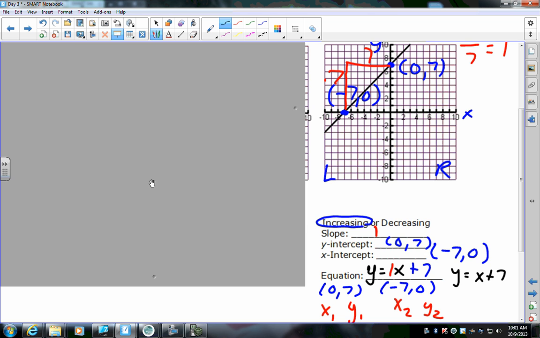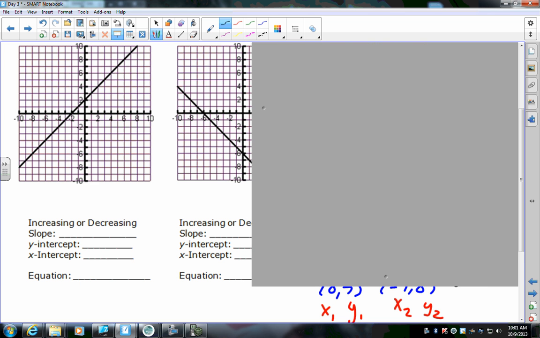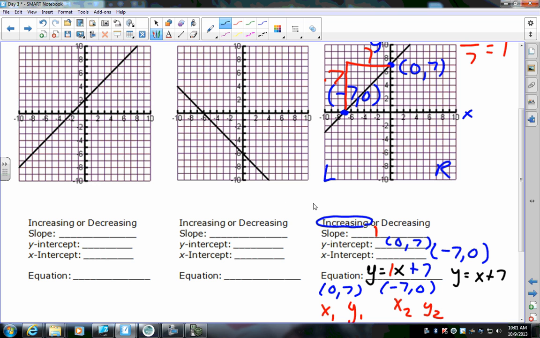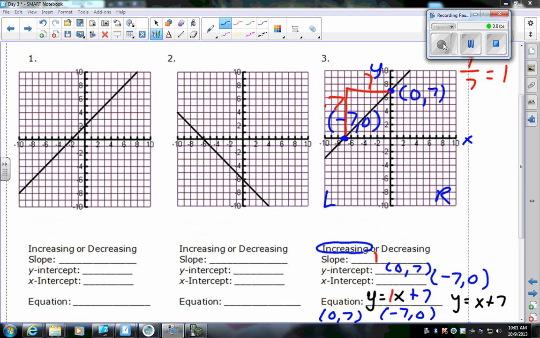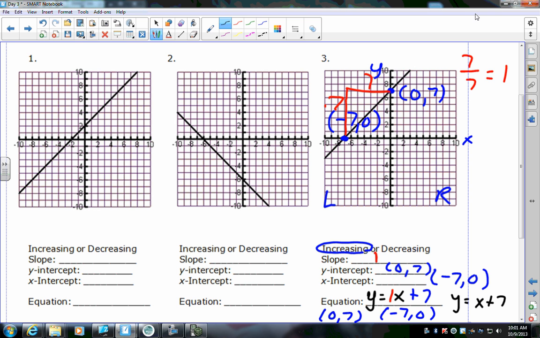All right, so let's look at number 1. Looking again from left to right, is the line going up or going down? It is going up, so it is increasing.